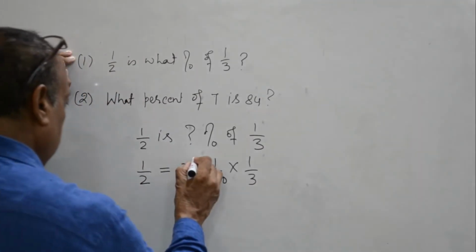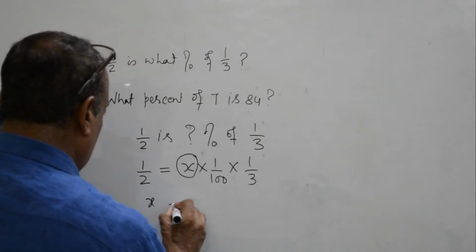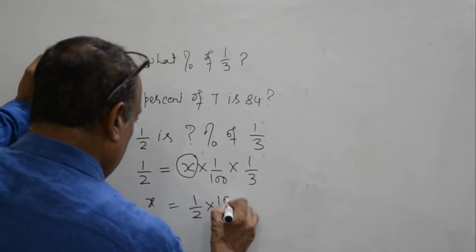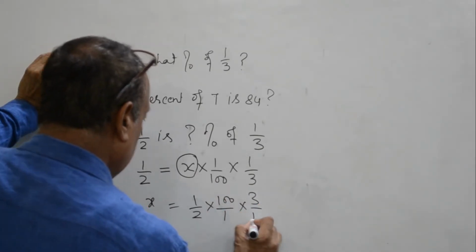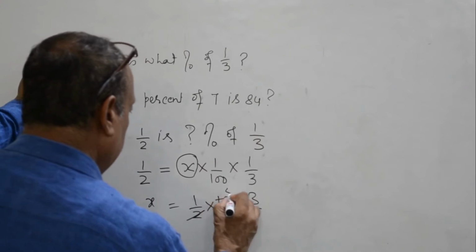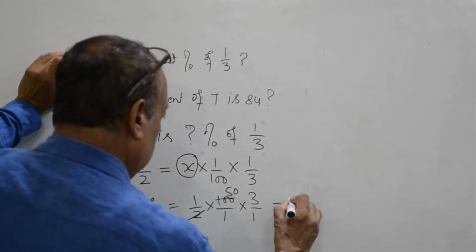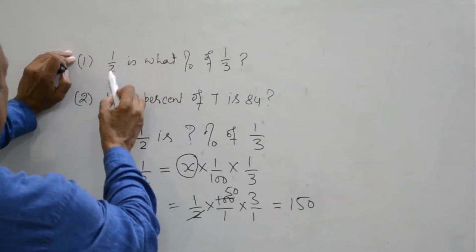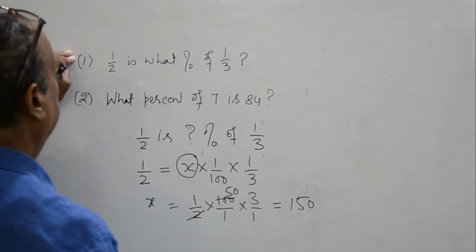So the value of this x is to be found out. So x is equal to 1 upon 2 into 100 upon 1 into 3 upon 1. So 150. x comes out to be 150. So the statement is, 1 upon 2 is 150% of 1 upon 3.